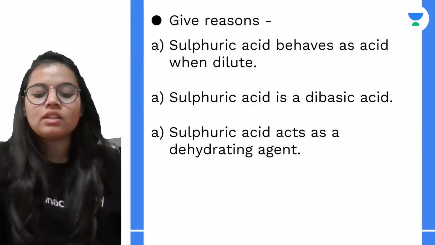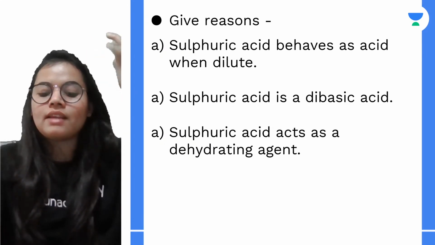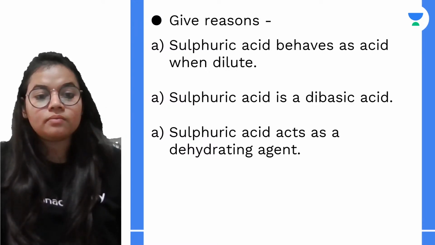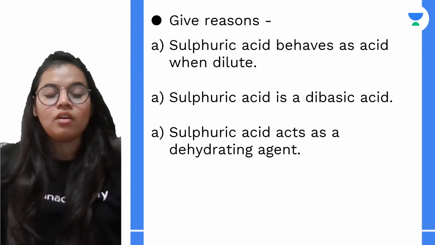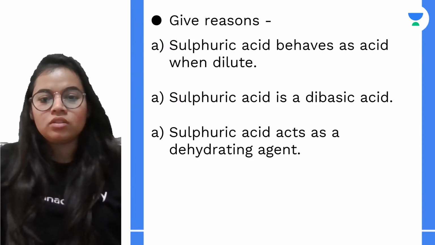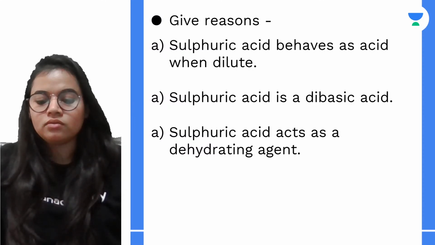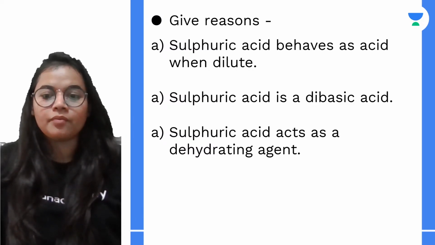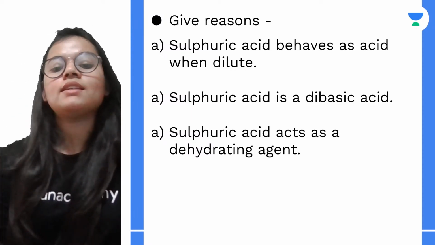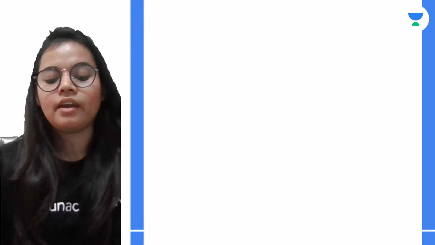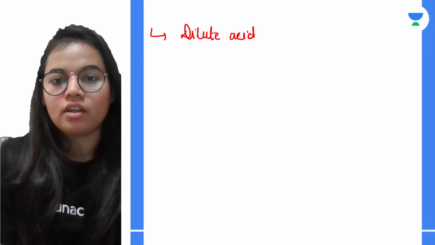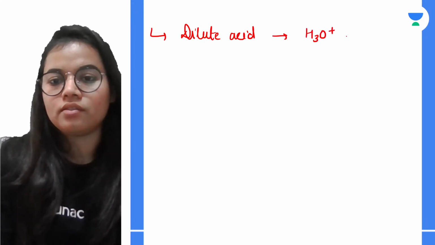After that, next question, give reason that sulfuric acid behaves as acid when it is dilute. Why does it behave as acid when it's dilute? Okay, so the basic reason is जो हमारा sulfuric acid है, if I talk about dilute acid, it is giving the H+ ions.